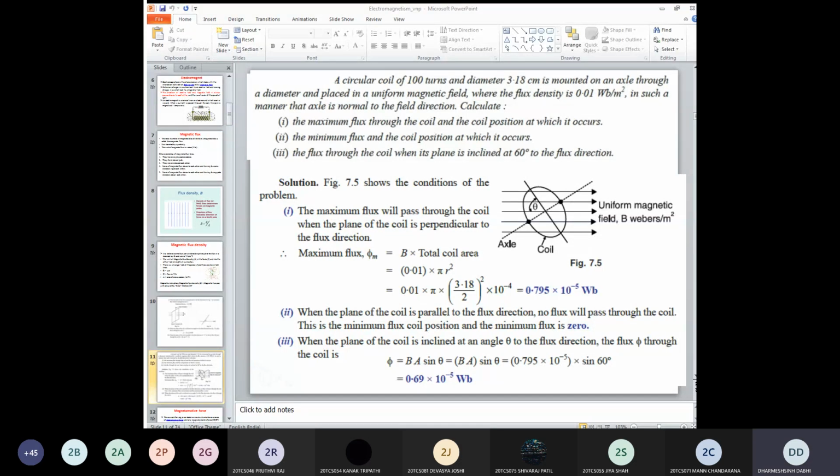Convert diameter into meter. Anyone? Give me the answer, phi m.